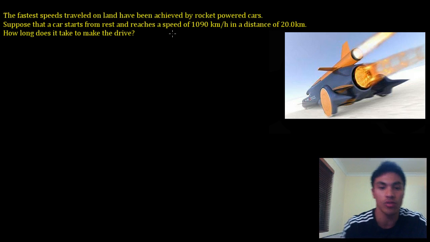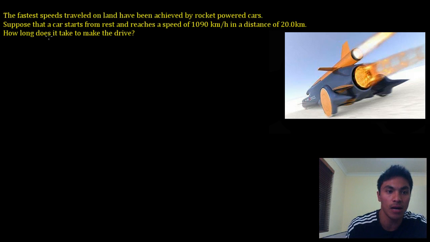also a direction. So in this particular case, for us to turn this speed into velocity, we just need to give it a direction. So let's say the positive direction is in the direction of the car.